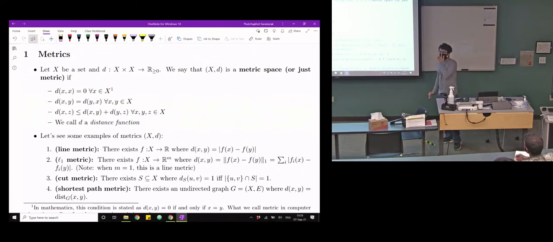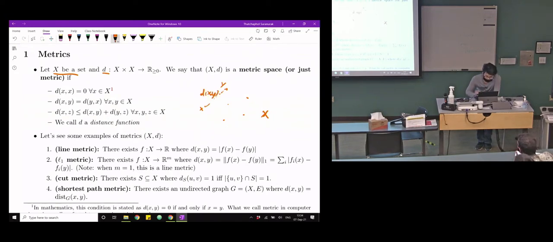A metric is just a mathematical notion that captures a notion of distance. Suppose that you have a set X, think of it as a set of points, and then there is a distance function d such that for any points x and y in the set, you can measure d(x, y), the distance between x and y.